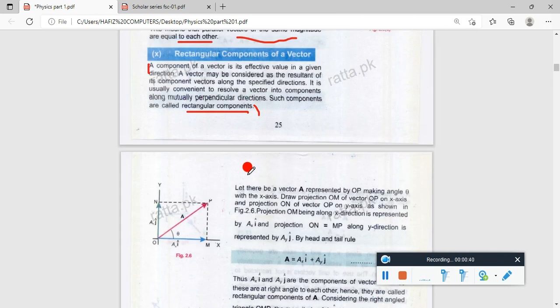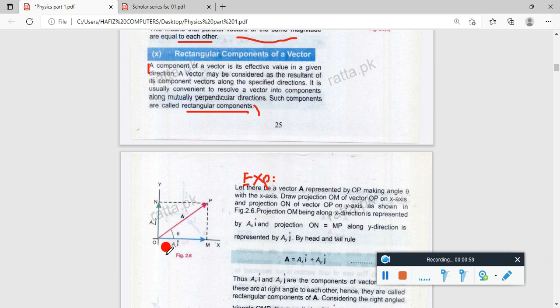Further explanation about rectangular components of the vector. Let there be a vector A represented by line OP.